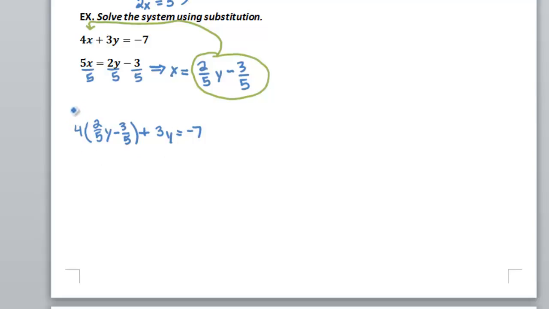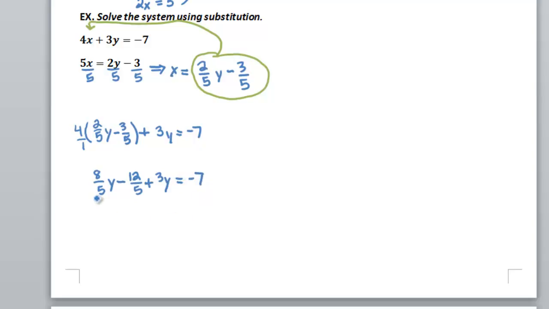So let's start by distributing the 4. We have fractions here, so let's go ahead and write 4 as 4 over 1 and do the multiplication. 4 times 2/5 is 8 over 5. 4 times negative 3/5 is negative 12 over 5, plus 3y equals negative 7.